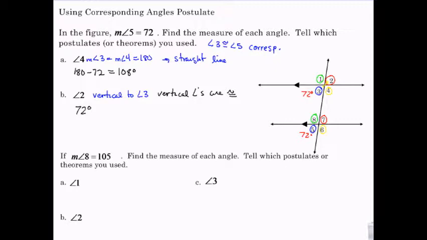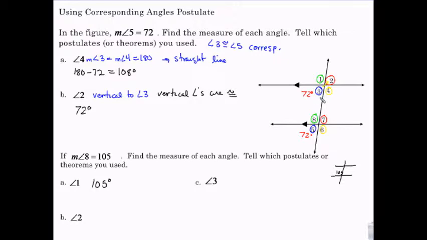Okay. Now, if angle 8 is 105, obviously that doesn't work with the 72, but we're just going to hypothesize. So I'm going to draw two new things, and I'm going to say this is 105. Angle 1, being in the same position, will be 105.